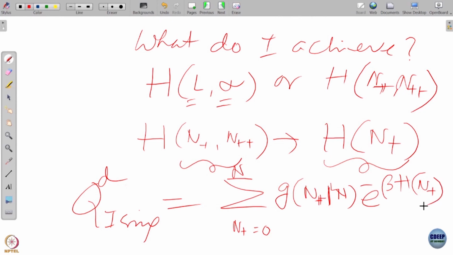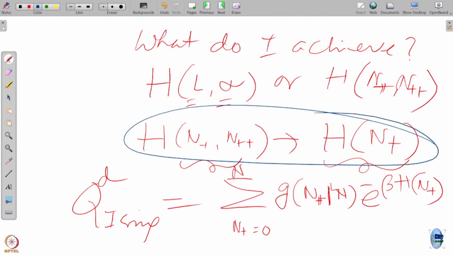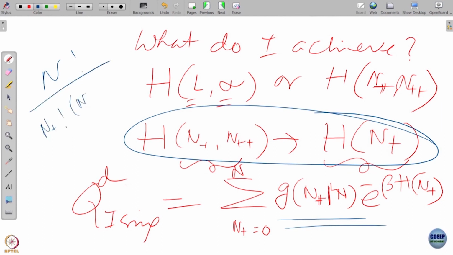The whole crux of the thing is this reduction. Of course this is approximate, this is an ansatz, but I know that the number of ways is nothing but n factorial over n plus factorial times n minus n plus factorial, and I know this quantity. So I can go from the summation to the maximum term method.